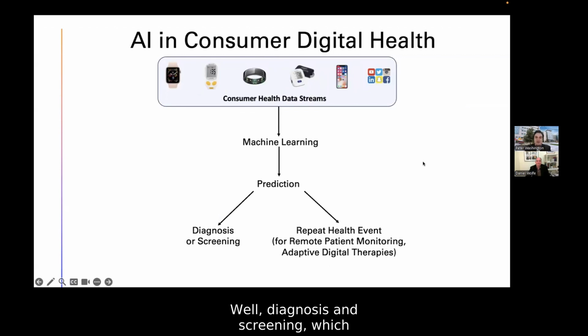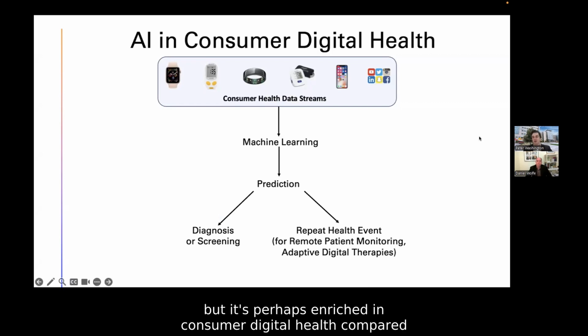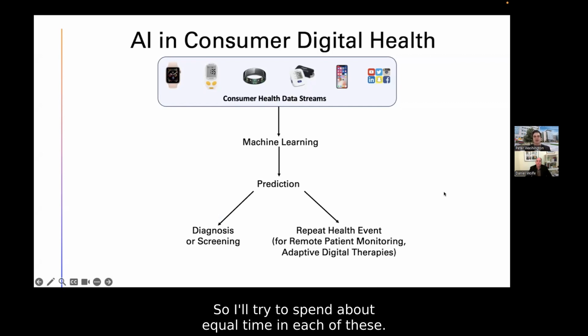Well, diagnosis and screening, which is very common in AI for healthcare, as well as probably equally as common in our field, but perhaps not too common in a lot of other subfields of AI for healthcare, is this idea of repeat health monitoring, where we're doing remote patient monitoring or trying to quantify a patient's state to create an adaptive digital therapy. Now, this does occur in other data modalities, but it's perhaps enriched in consumer digital health compared to some other ones. So I'll try to spend about equal time in each of these.